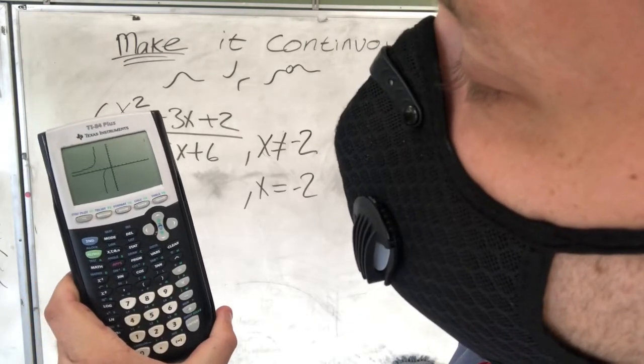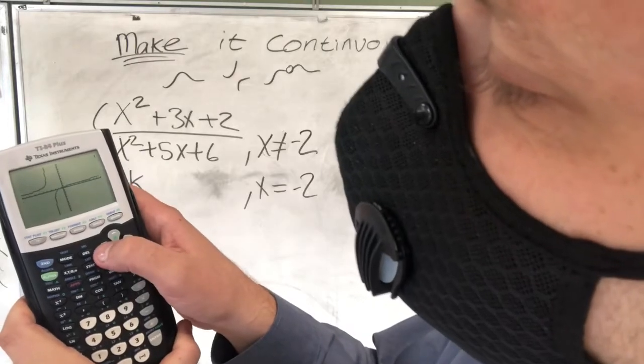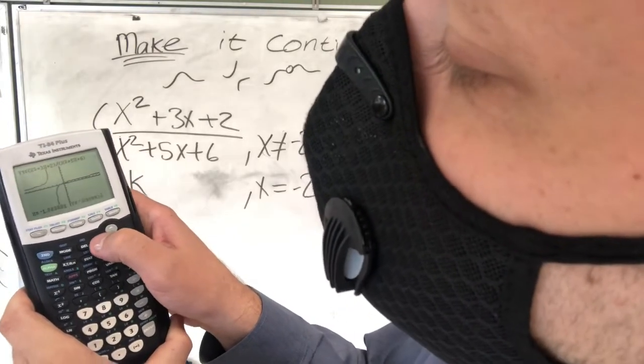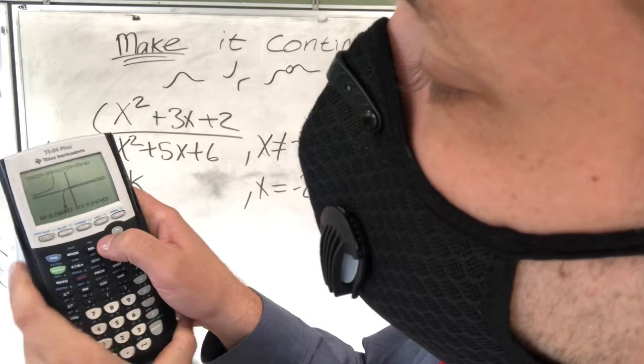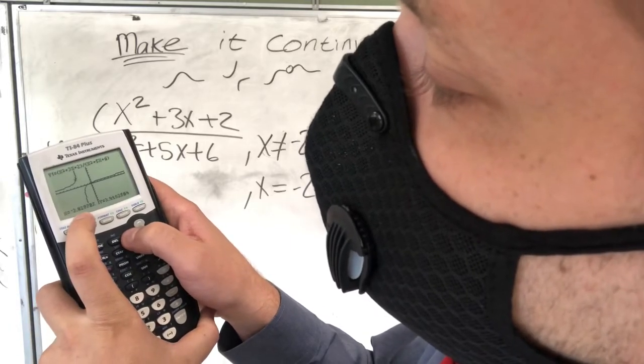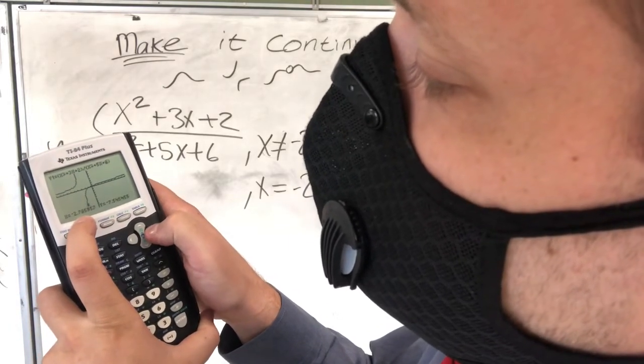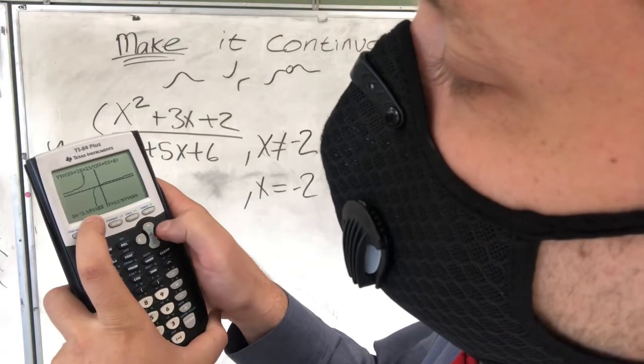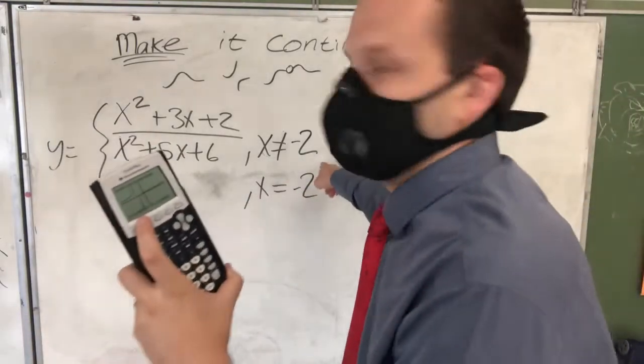That should make it a little bit easier. Okay, I follow it over, and I can see that as x is getting close to negative 3, it makes an asymptote. But we care about x equals negative 2.